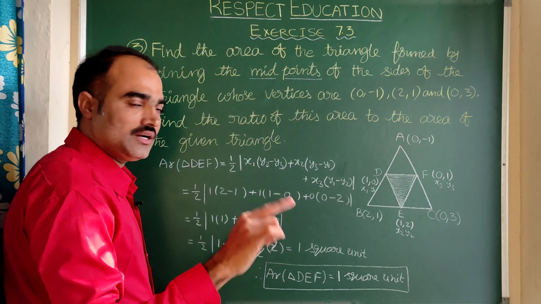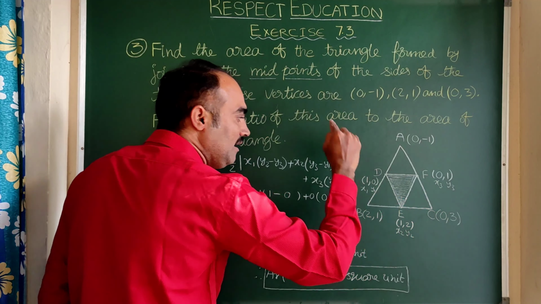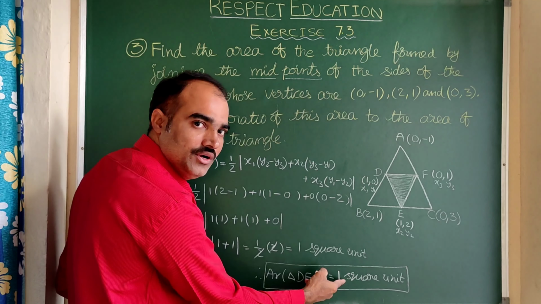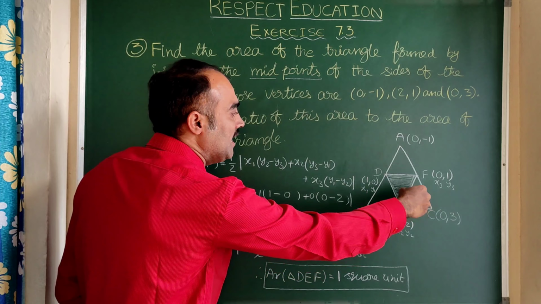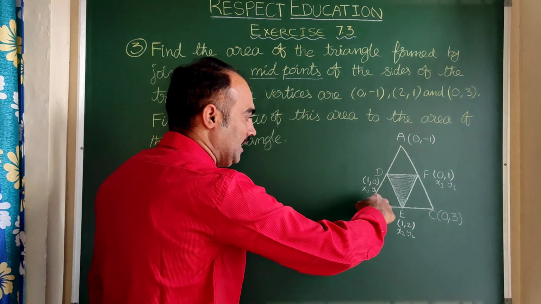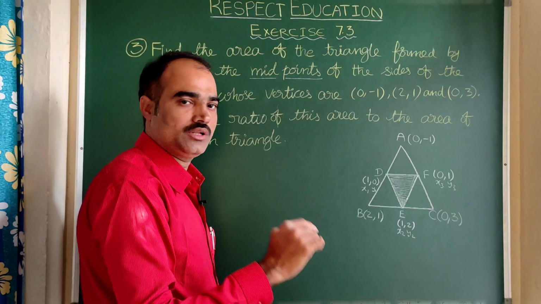Now our task is to find the area of the bigger triangle. Then we have to write the ratio of this value to the area of triangle ABC. Now we are going to find the area of triangle ABC, right? After that we are going to find the ratio also.